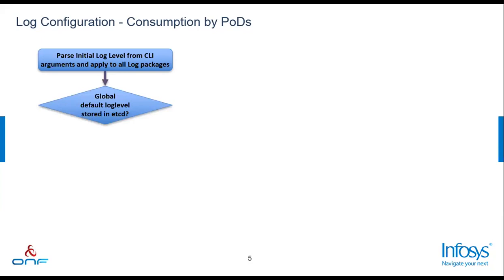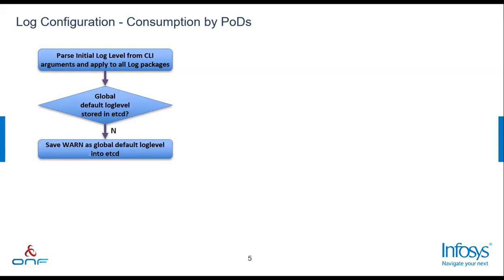Thereafter, it looks at the global default log level in etcd, if it is available. If it is not found in etcd, it stores one as the global default level in etcd. And if it has been found, it just skips that step. The idea is that each component will try to store one global default log level into etcd at startup.